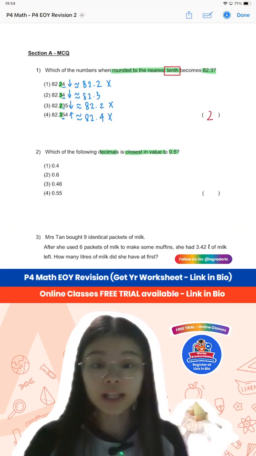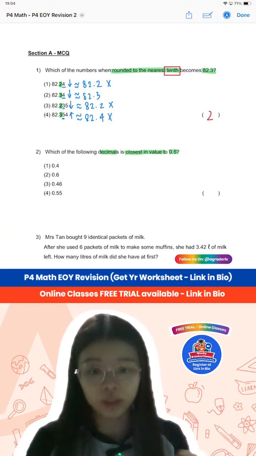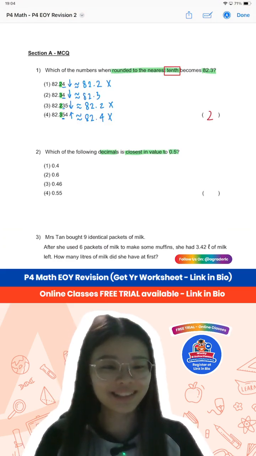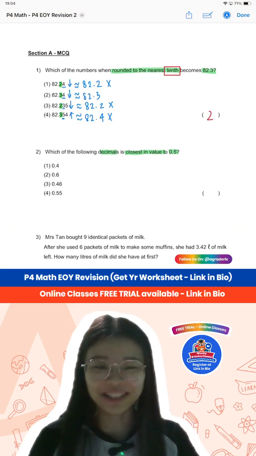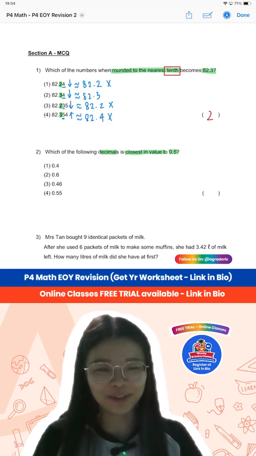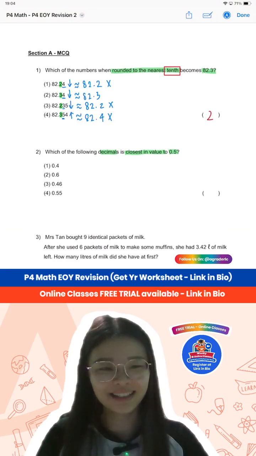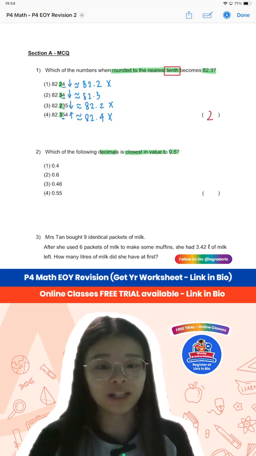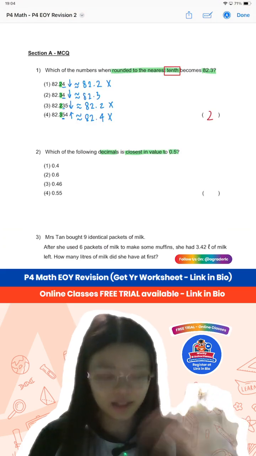Since the decimal places are not the same, we got to do something about it. What should we do? Right now we have different answers, option 4 and option 3. What should we do to the options that don't have the same number of decimal places?